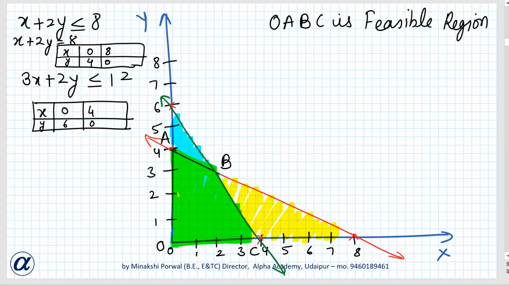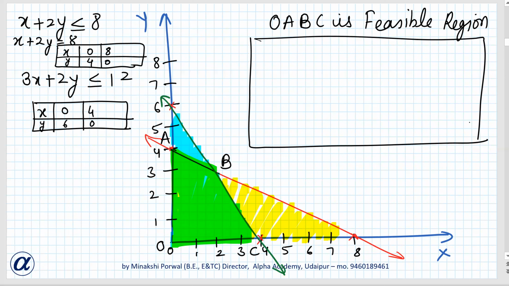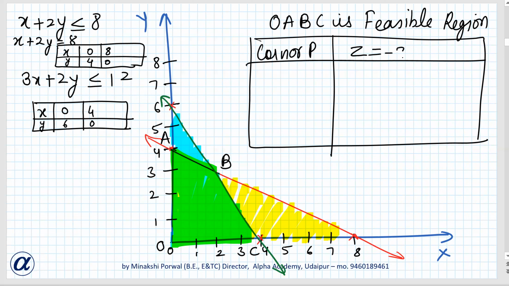Are you also getting this region O, A, B, C? Yes, ma'am. Now we'll make the table and check the corner points and z. We have to minimize z here. O is 0, 0.